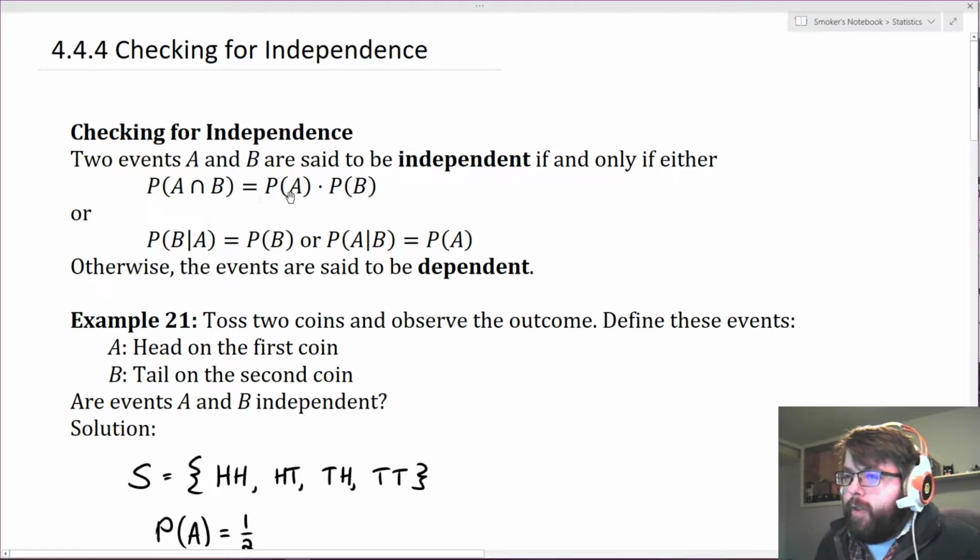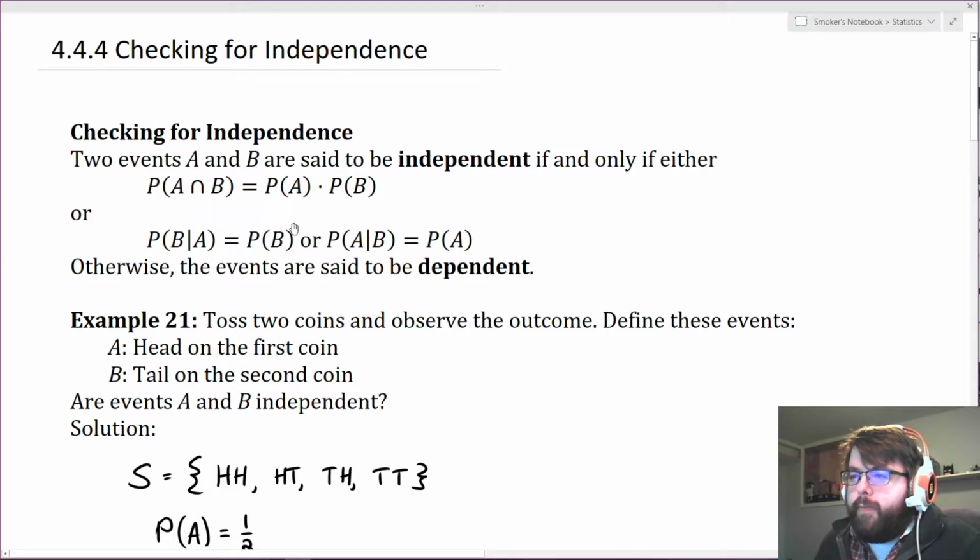So where 1/2 times 1/2 is equal to 1/4, that works. 1/5 times 1/5 would not equal the intersection, because the intersection will actually be more complicated than that. It won't end up being 1/25.